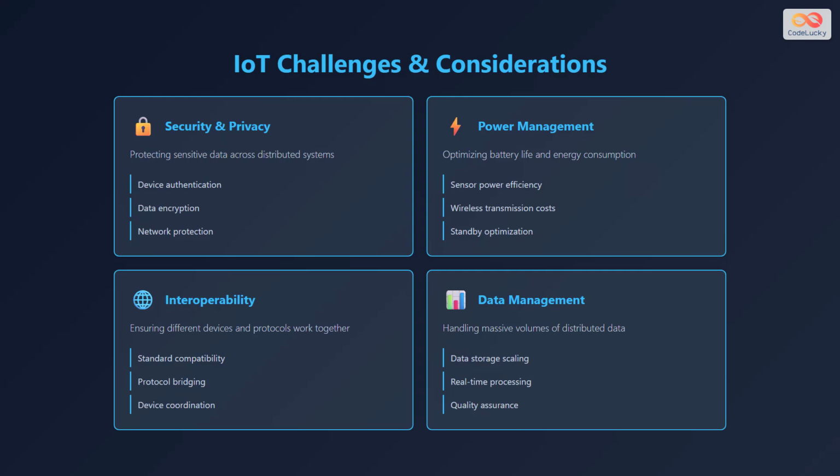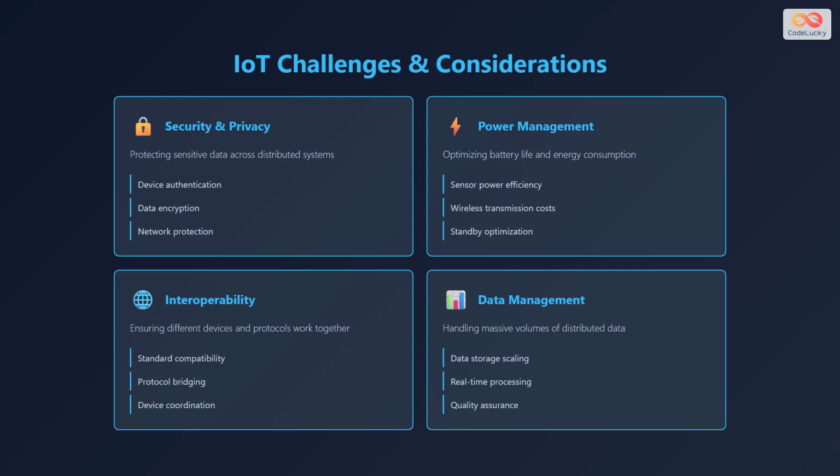While IoT offers tremendous opportunities, it also presents several challenges. Security is a major concern since IoT devices can be vulnerable to hacking and data breaches. Interoperability issues arise because different manufacturers use different standards and protocols. Scalability becomes difficult when managing millions of connected devices.